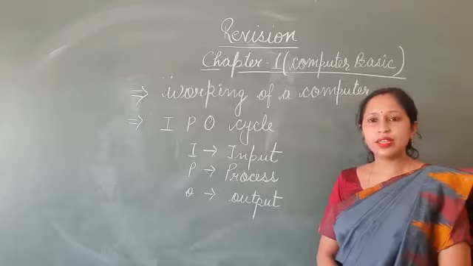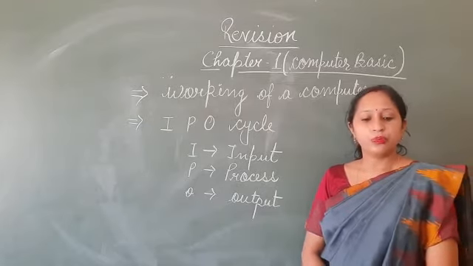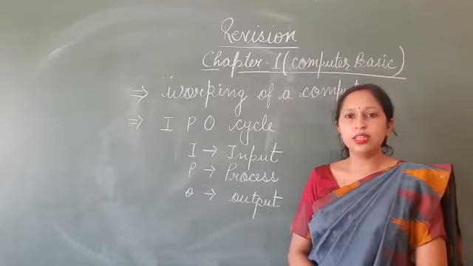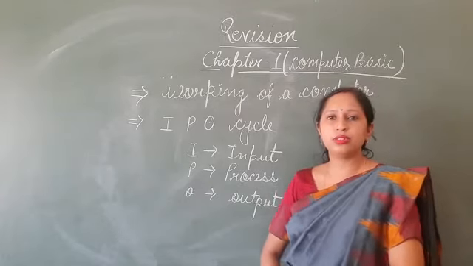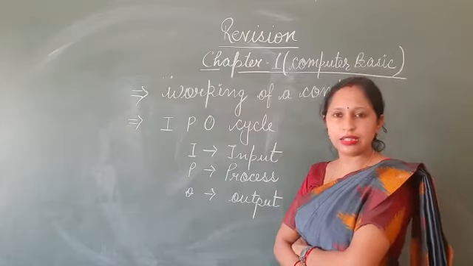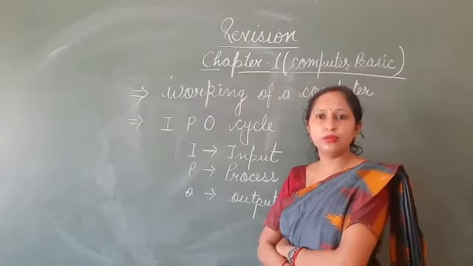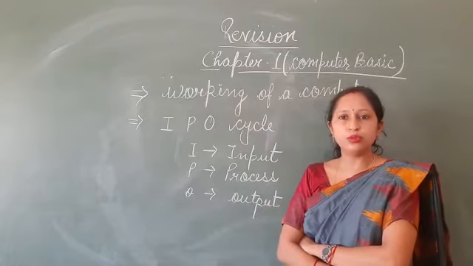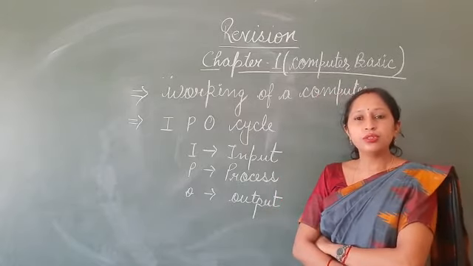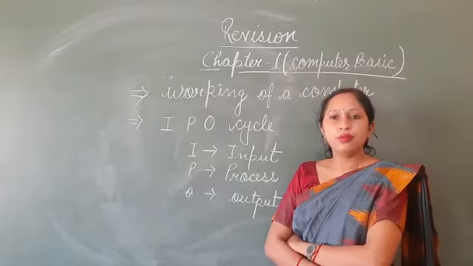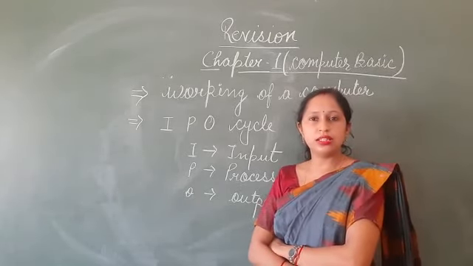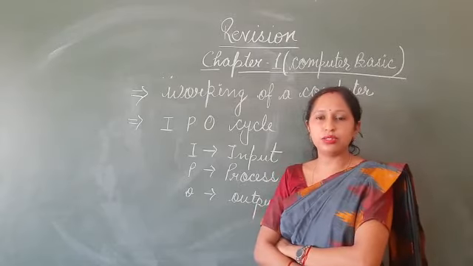Okay, you will understand it. So now see what we call this process. We call this overall process the IPO cycle. I stands for input, P stands for process, and O stands for output. So let's see what input is. Input is the instructions or commands or data given by the users.